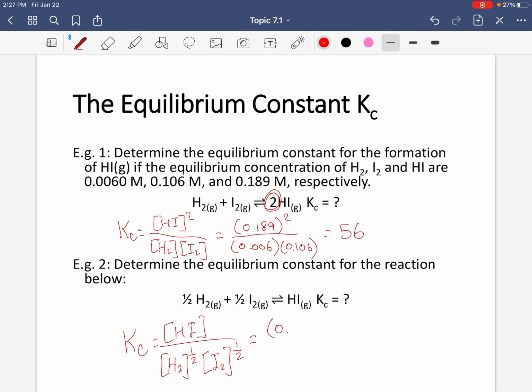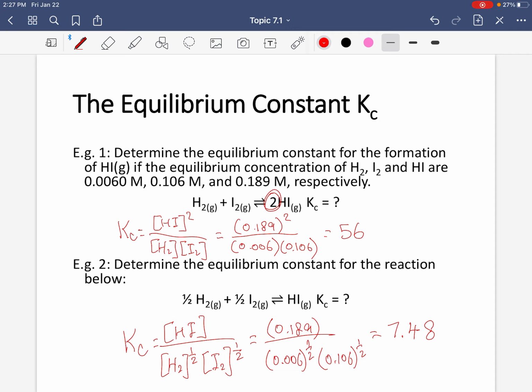So let's plug this in. In this case, this is 0.189 divided by 0.006 to the power of a half times 0.106 to the power of a half. What will that equal? It equals 7.48.